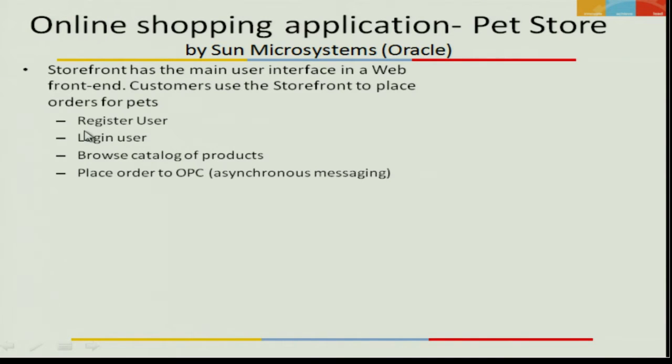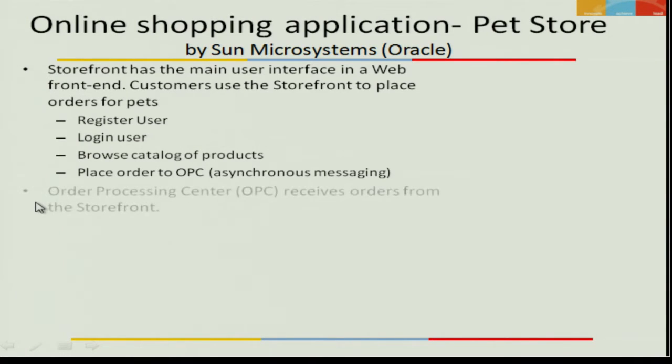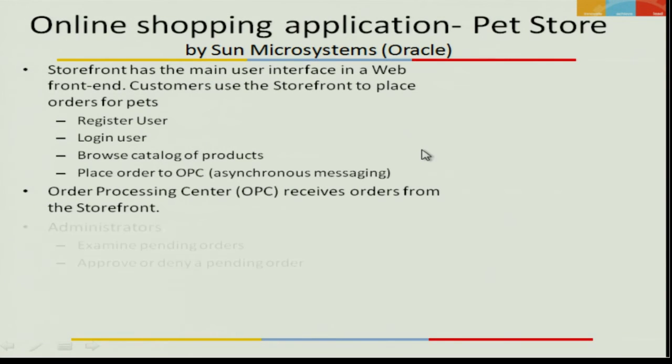And there are various requirements or features. For example, on the storefront, one can do the registration, then login, then browsing the catalog for products, then place the order to the order processing center, and placing the order to the OPC is basically done through asynchronous messaging, and this OPC receives an order from the storefront, and then it processes the order.